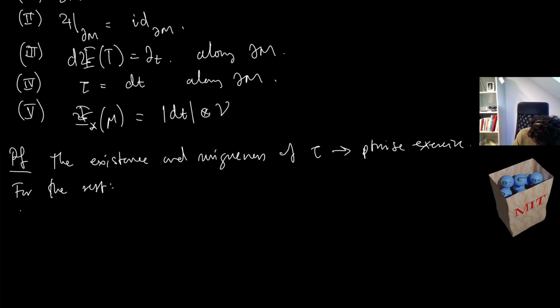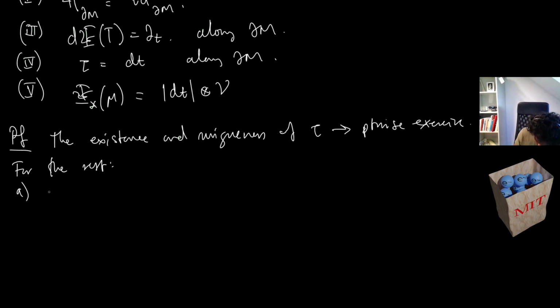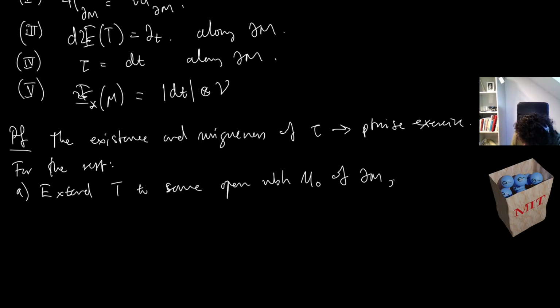So for the rest, this is the procedure. We extend tau to some open neighborhood U0 of the boundary, say tau tilde. So this is a non-zero extension. Well, okay, maybe this is the wrong way to say it.